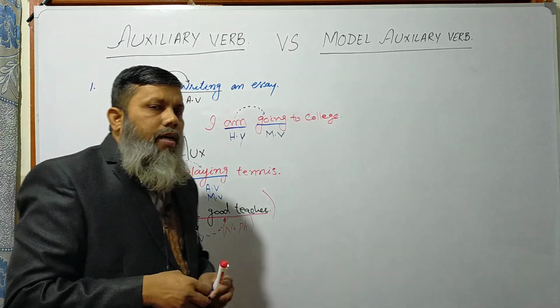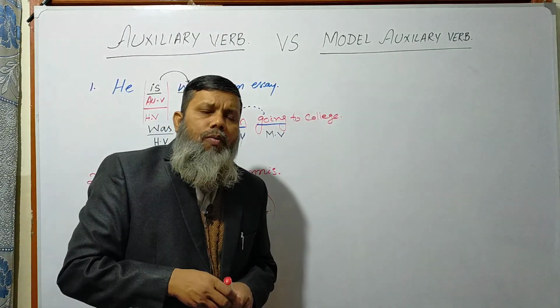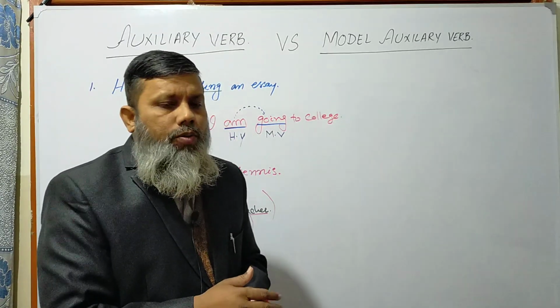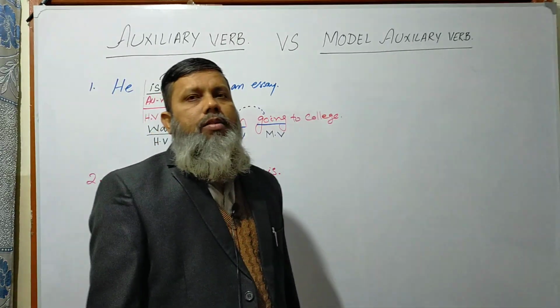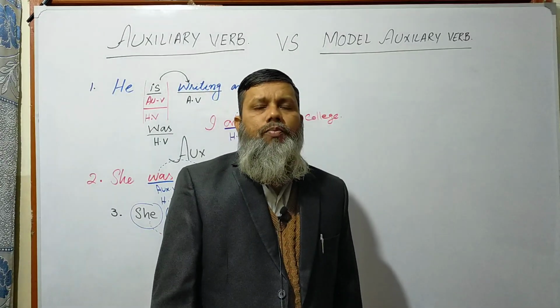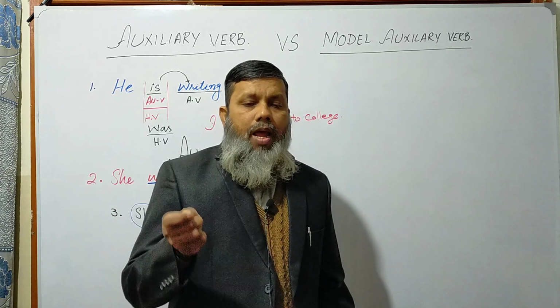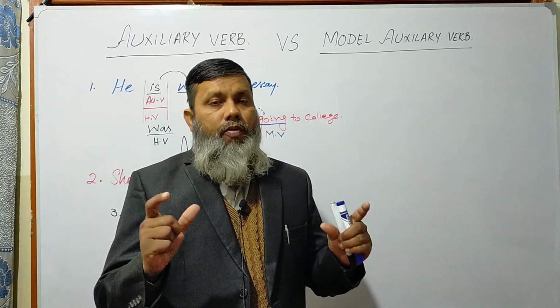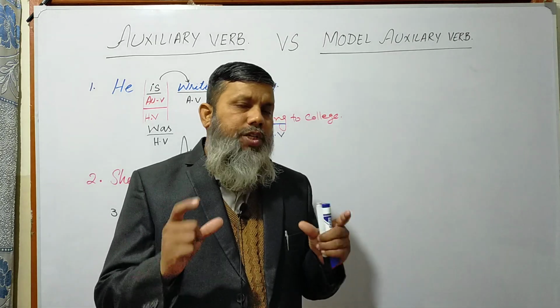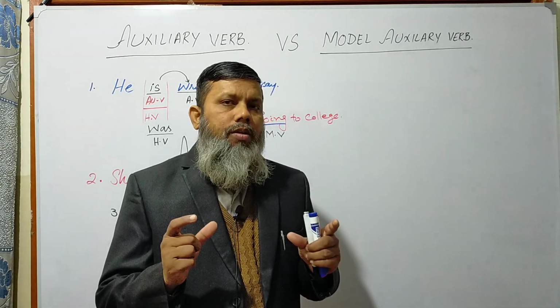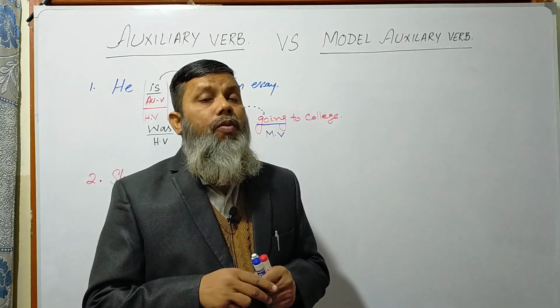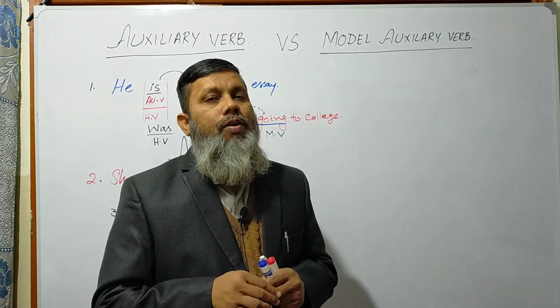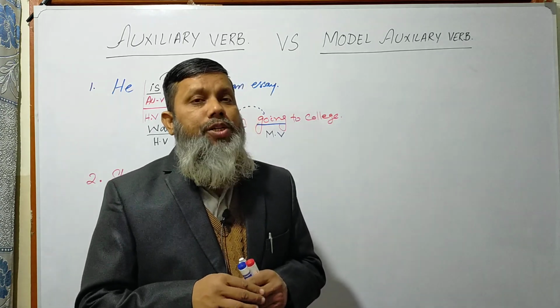I have already said to my students, why do you get confused? Because you do not have a clear vision. If you do not have a clear vision of anything, you will remain in confusion and increase your tension.